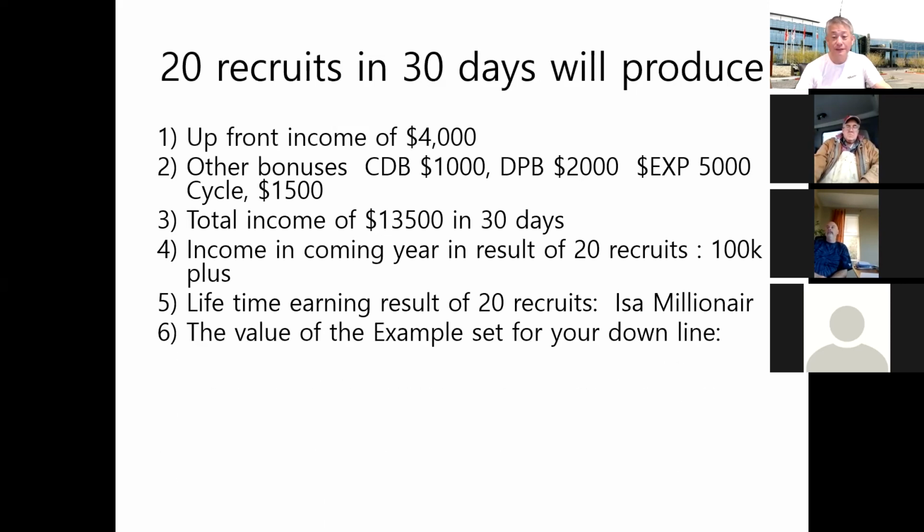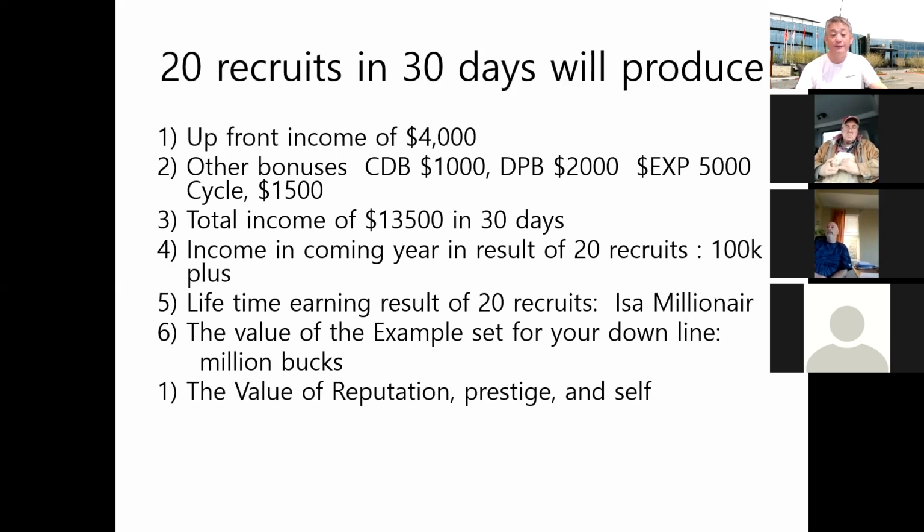And then the value of the example you set forth to your team, which is the most important part, I think, is $1 million, and the value of the reputation, prestige, and self-confidence is priceless. I mean, who doesn't want to be recognized in front of millions of people in your team, so that you can be the best model for your team, all right?